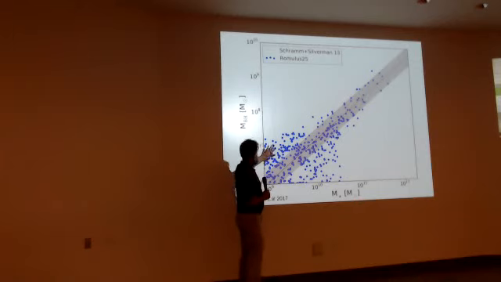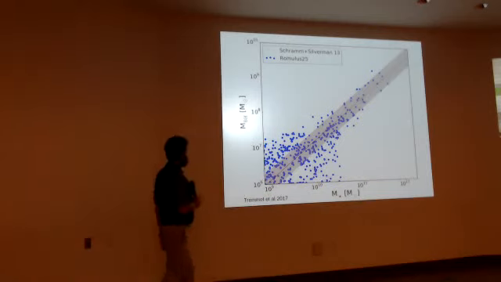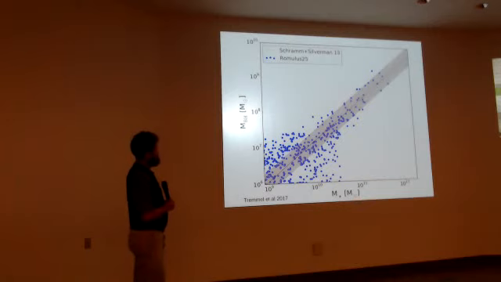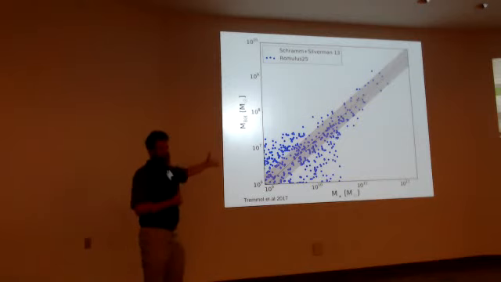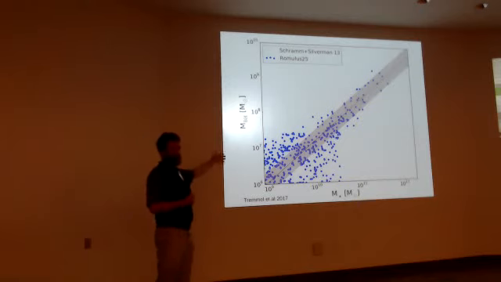Okay, so the observers don't see these, is what you're saying. Certainly not in the Romulus simulation.